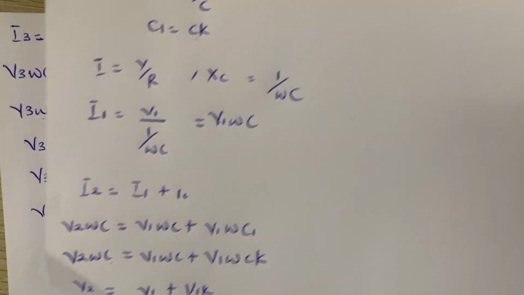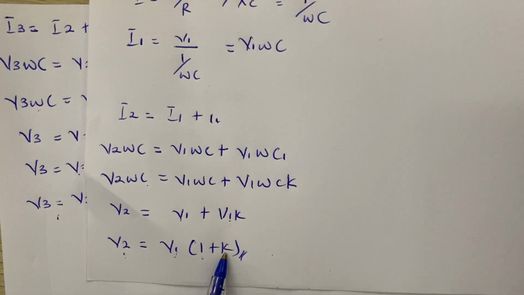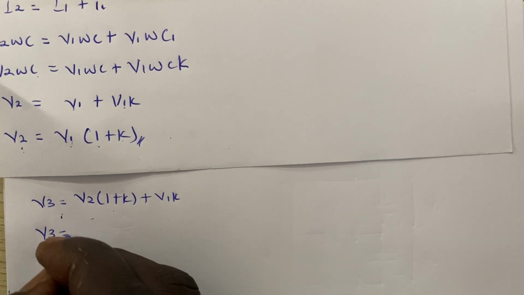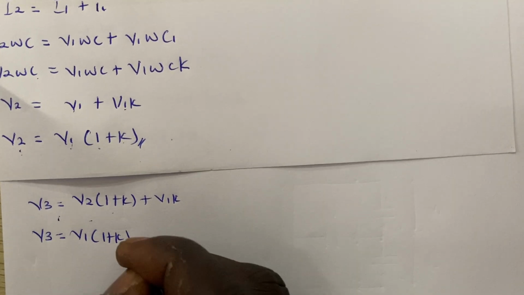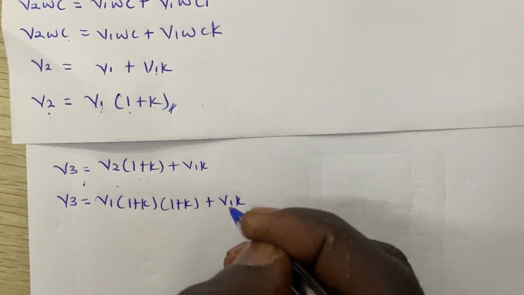But then we already found for V2 that V2 is V1 times 1 plus K. So we can just substitute that into this equation, and then we are getting V3 is equal to V1 times 1 plus K multiplied by 1 plus K, and then plus V1K, right?